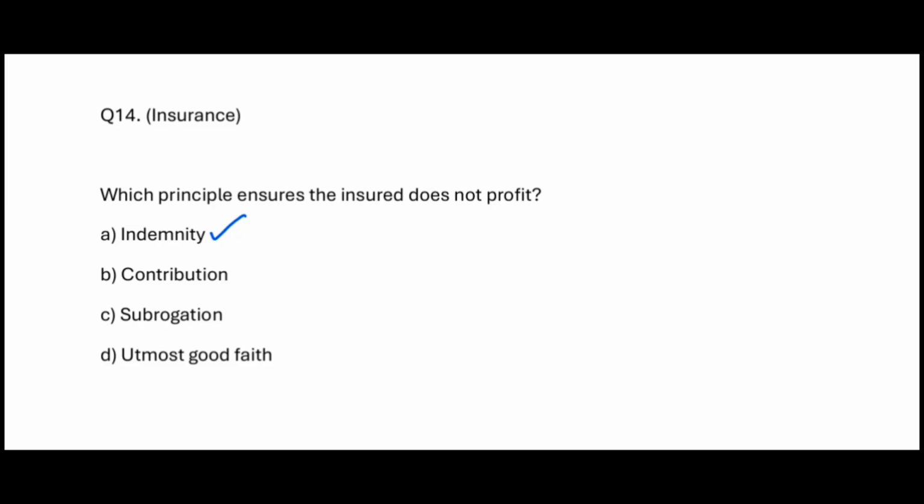Okay, if A has a vehicle, he insured the vehicle, he has taken third party insurance. So he is the first party. First party is the insured individual, that means A, who purchases the insurance policy. A is called the insured, I-N-S-U-R-E-D, insured. Okay, remember that.